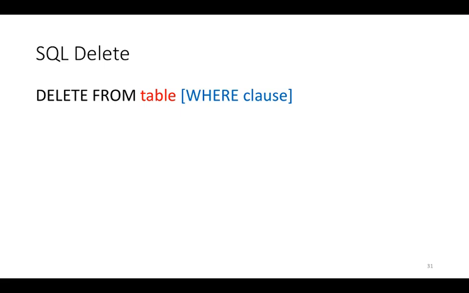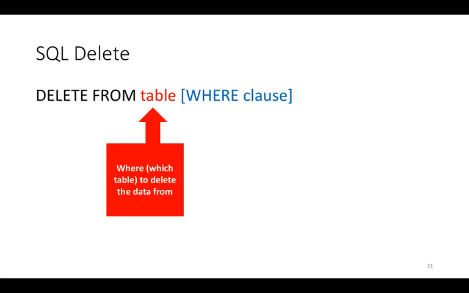Really simple syntax for delete. Delete from table. So select from, insert into, update this, delete from. So delete from table. What is the table that we actually want to delete the rows from?